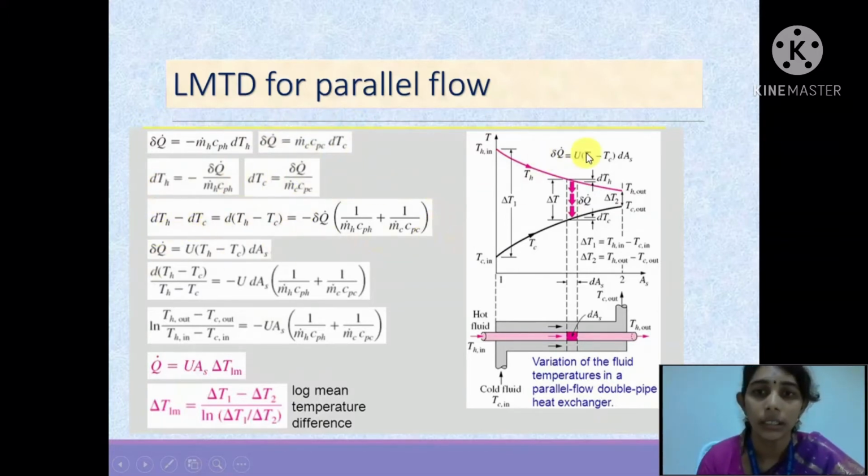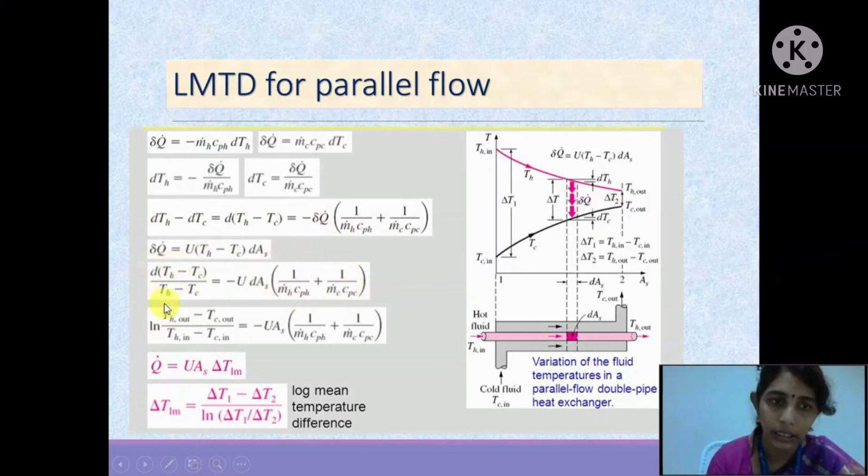Now, the heat transfer for this small section dQ dot is U into A into delta T. Substituting this value in this equation, I will get a differential form of temperature distribution. Integrating this equation, I will get the natural ln of this temperature difference equals, and the RHS remains the same.